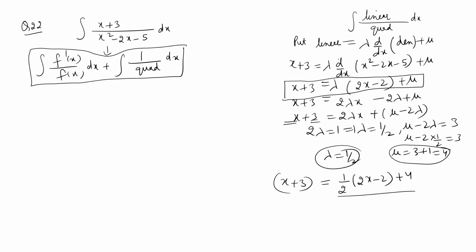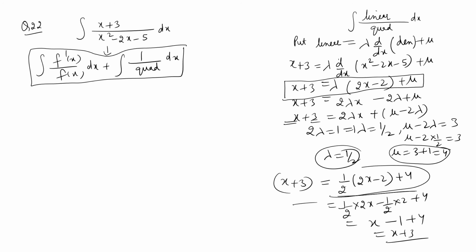Observe that after solution this side should come out like this. So it becomes 1 by 2 into 2x minus half into 2 plus 4, so this is x minus 1 plus 4, and this is x plus 3. Look, both sides are equal. That means my bifurcation of the numerator x plus 3 is correct.